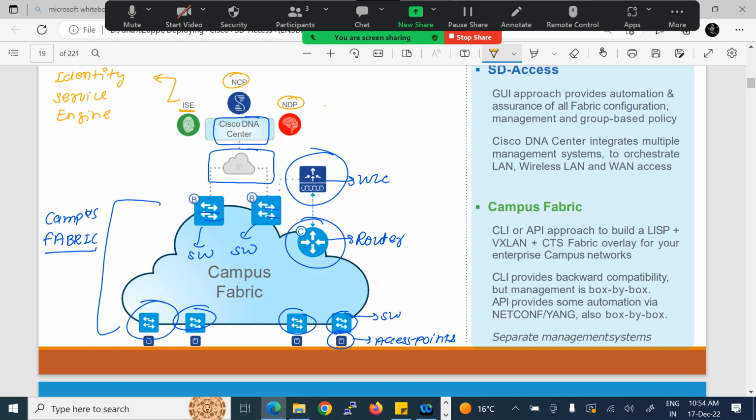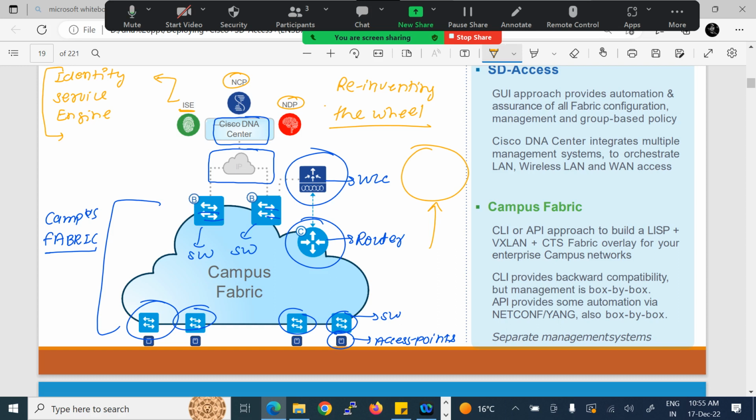But instead of reinventing the wheel, which doesn't make any sense, if the thing is there, you can use that. If a wheel is there, I don't have to reinvent the same wheel. But what I can do is make modifications to it. So what we did here, we have the Identity Services Engine already.